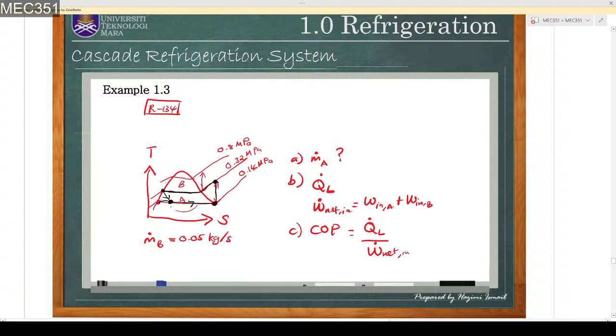Okay, so this is state 1, state 2, state 3, and state 4. So states 1, 2, 3, and 4 happen in cycle A, but we have another cycle.